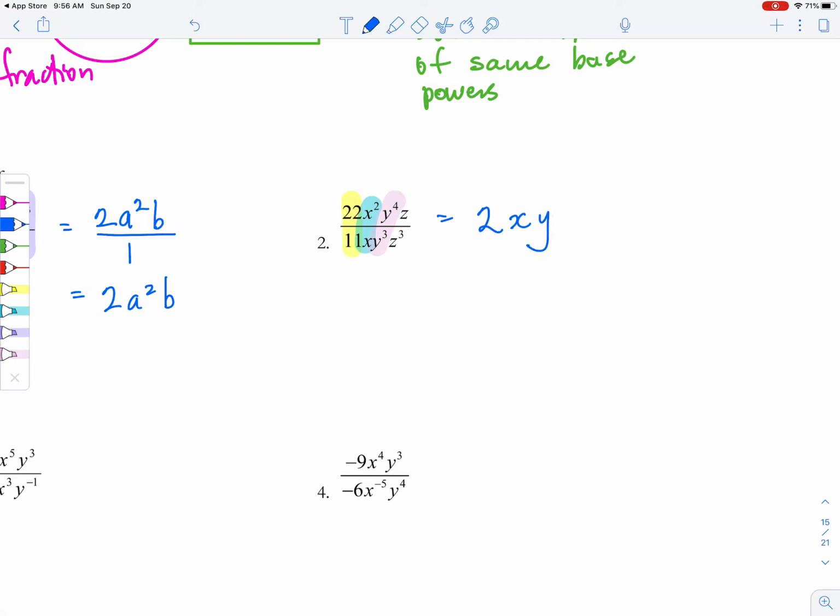Y up top wins by 1, or 4 minus 3 is 1. And then finally, 1 z up top, 3 z's below. So that means the bottom's going to win, and it's going to win by 2. So I'll have z squared on the bottom.